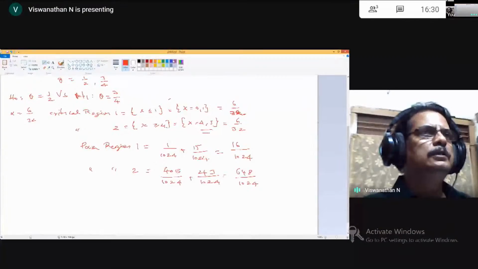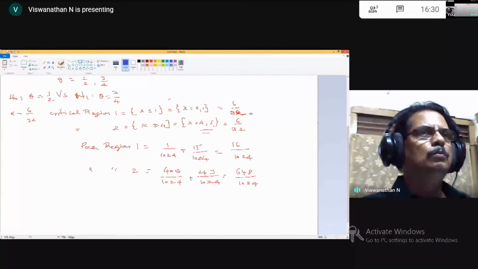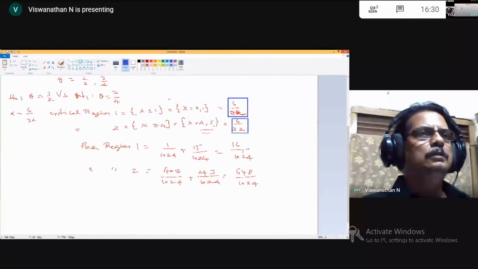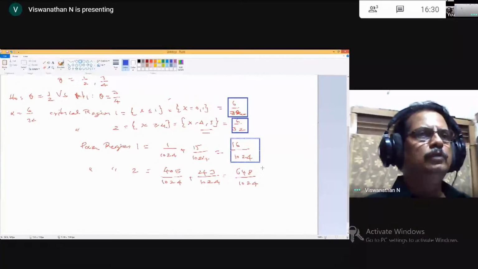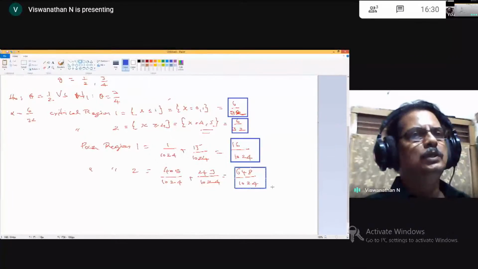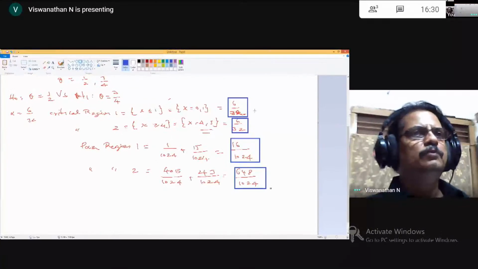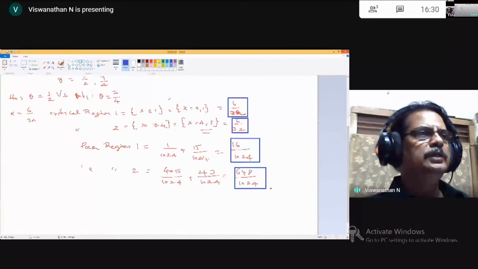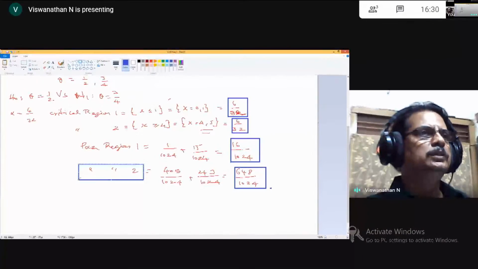So now you can clearly see which one is better. Though both regions have alpha 6 by 32, the power changes for the two regions. So what is our best critical region? For the same alpha, we should get maximum power. That means critical region 2 is going to be the best critical region.